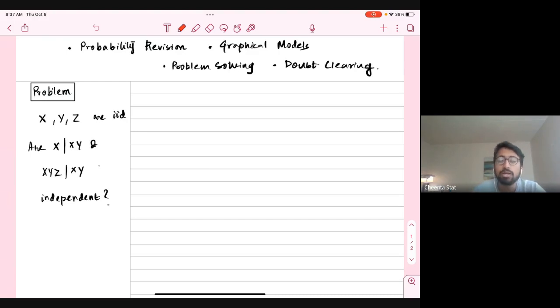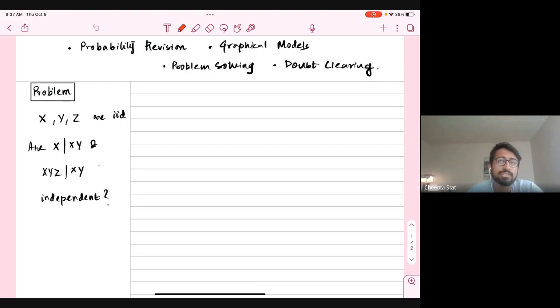When X is equal to c over Y, it's almost equivalent to Y. So essentially, X given XY is a function of X and Y, whereas XYZ given XY a constant is just a function of Z.